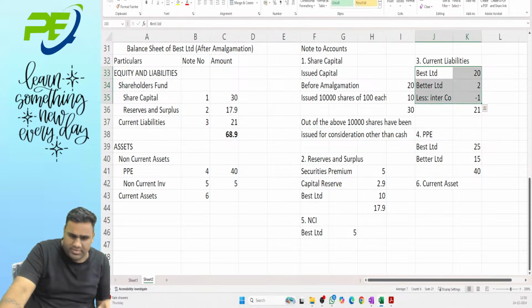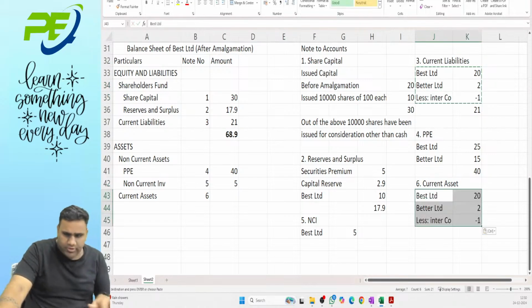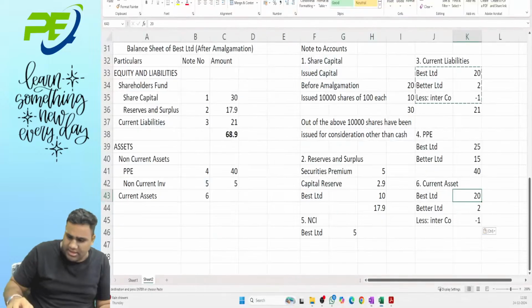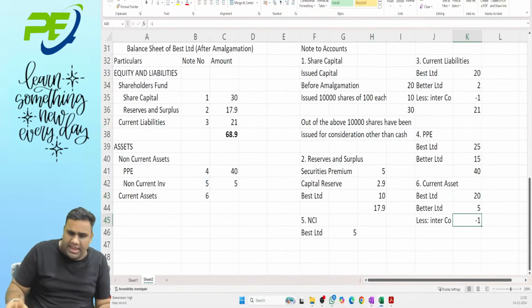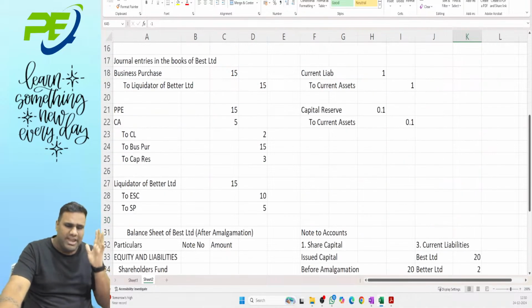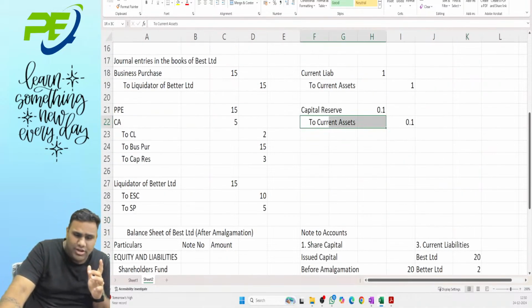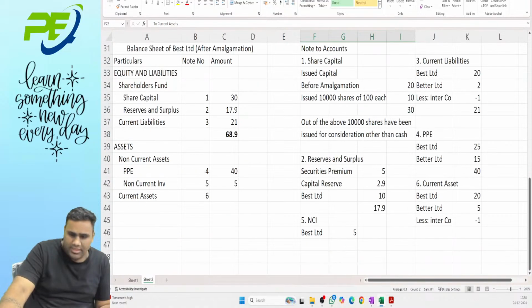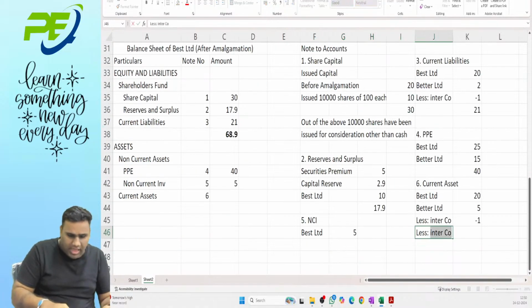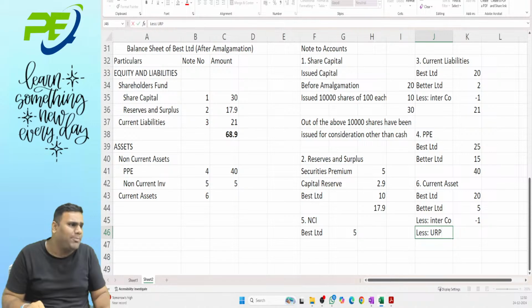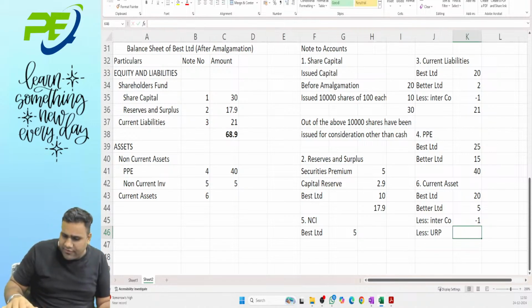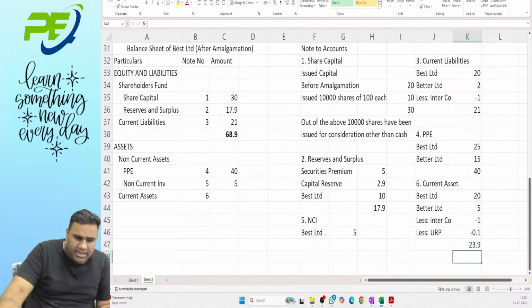Now same thing I'll repeat. So for Best Limited, current asset is 20, Better Limited 5, intercompany owings 1. 10,000 profit. Very good. Current asset, see, we have reduced 10,000. So less unrealized profit. URP is unrealized profit minus 0.1. 23.9.